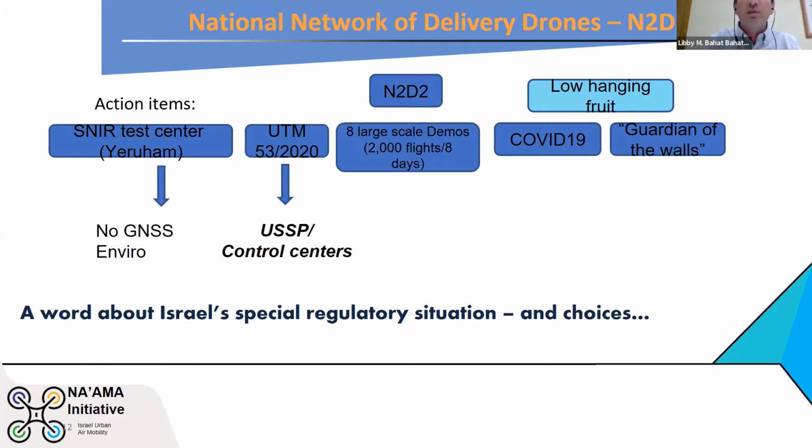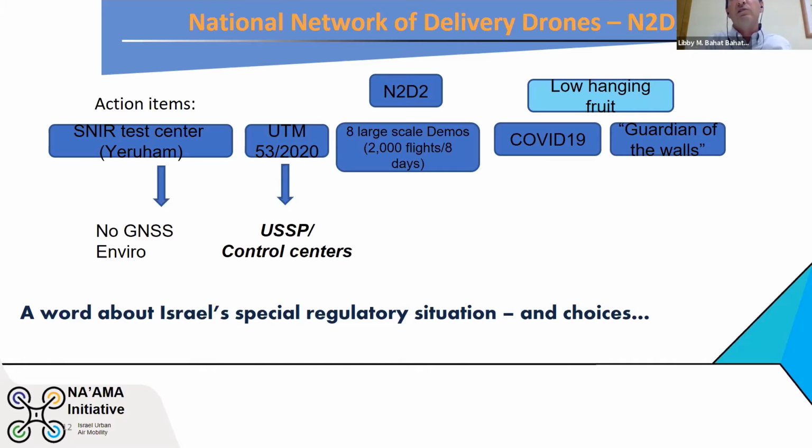A tender that we did, a call for tender only for USSPs and control centers, to have this market moving, to have people think, to have us think, and try to make decisions now. The main issue that I'm going to say a word about later is the large-scale demonstrations.